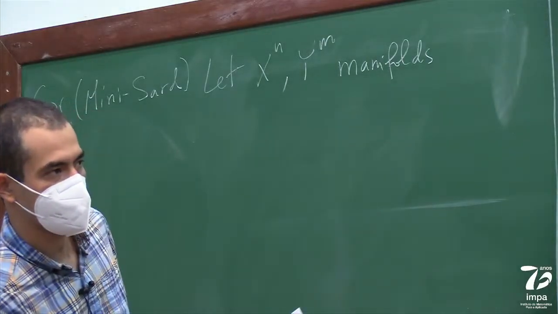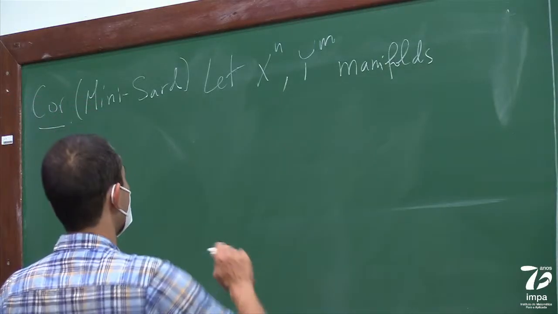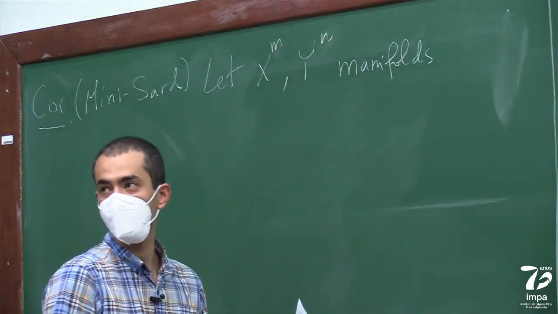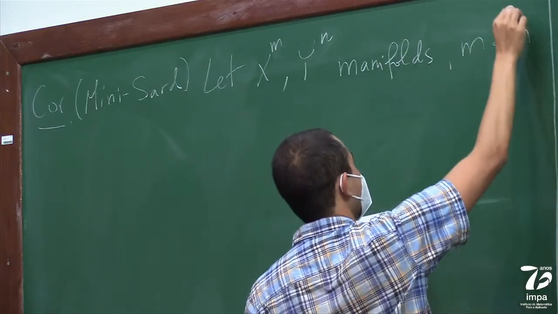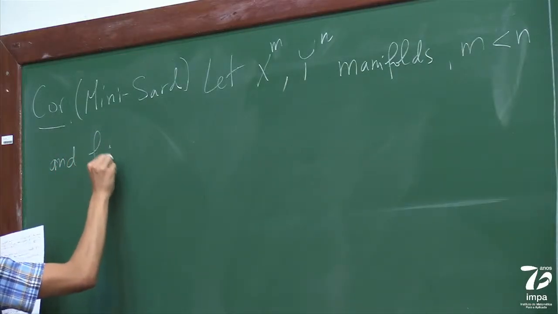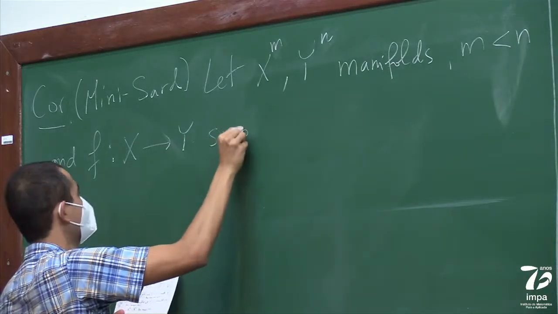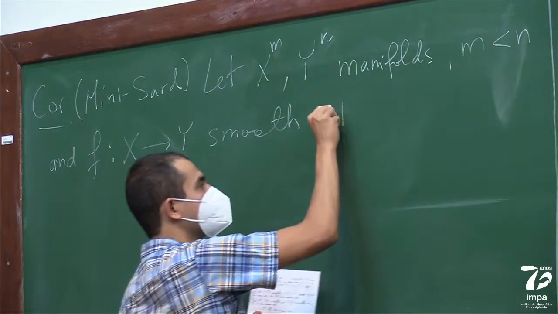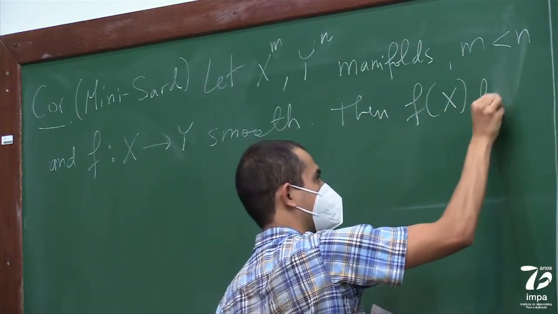Did I switch n with m? I did, so let's not confuse you. Let X and Y be manifolds of dimension n and m with m less than n, and consider a smooth function f from X to Y. Then the image of f has measure 0.